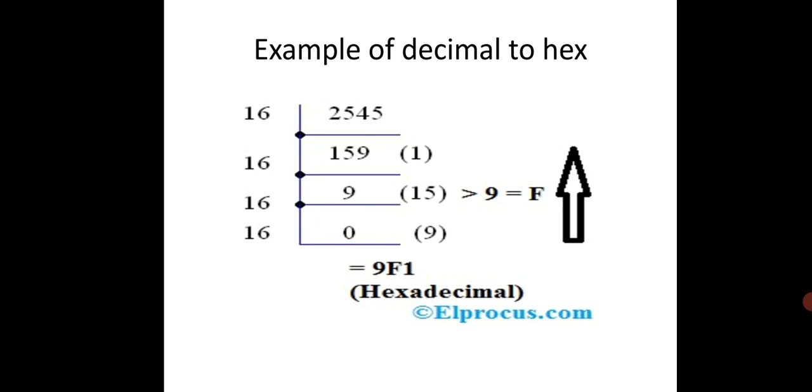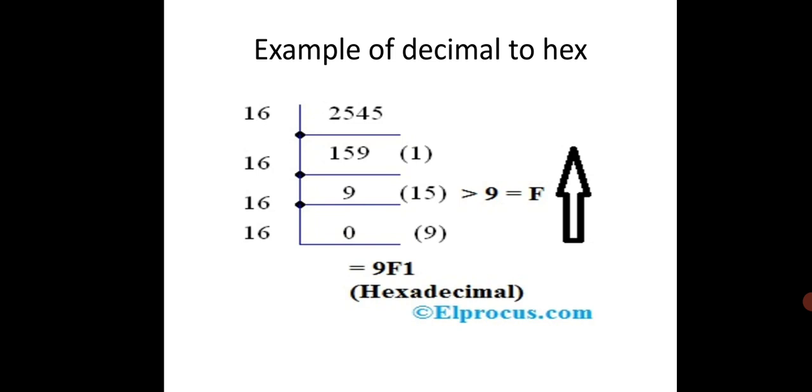In hexadecimal we denote 15 as F. You have to write down the values from LSB to MSB, that is least significant bit to most significant bit. The first we will write as 9F1.